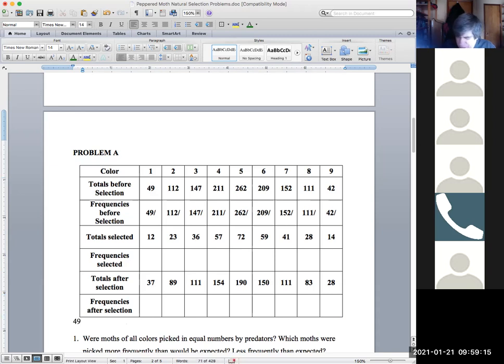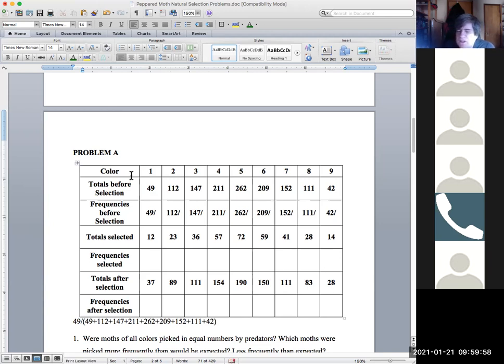Here, if I want to find the frequency of the number 1 color, I have to take the frequency of number 1, 49, and what I'm going to divide by is the frequency of 49 plus 112 plus 147 plus 211 plus 262 plus 209 plus 152 plus 111 plus 42.